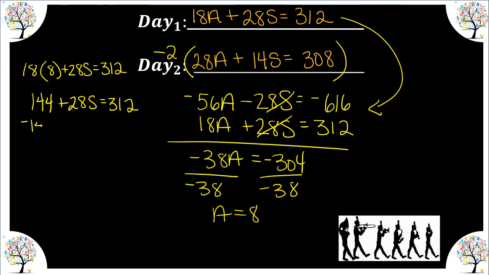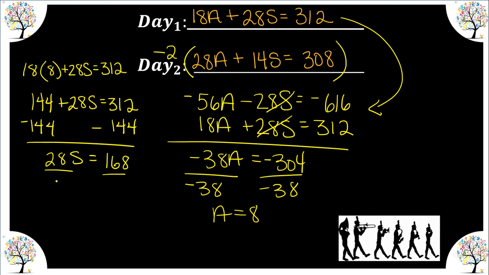Subtract out 144. And when we subtract 312 minus 144, we get 168, and then divide by the 28. And a student ticket costs $6.